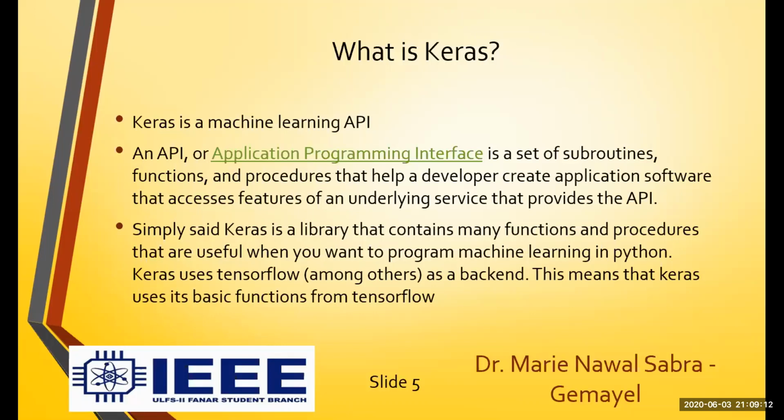It is only a library that works on top of TensorFlow, so it uses the functions that are programmed within TensorFlow in order to create a procedure. So it uses them in order to build up the machine learning algorithm. I'm going to try to explain it better inside the example.